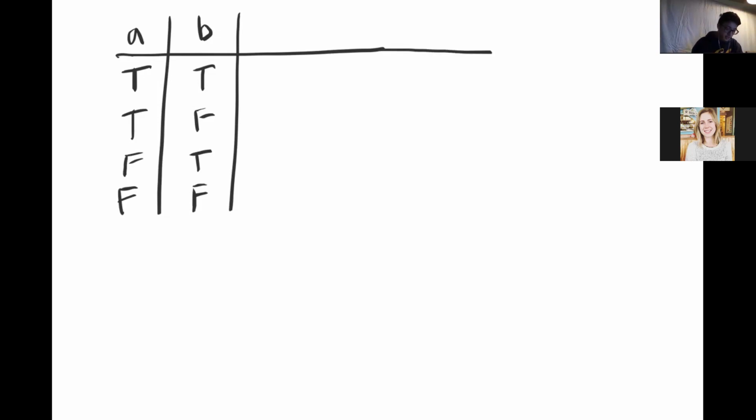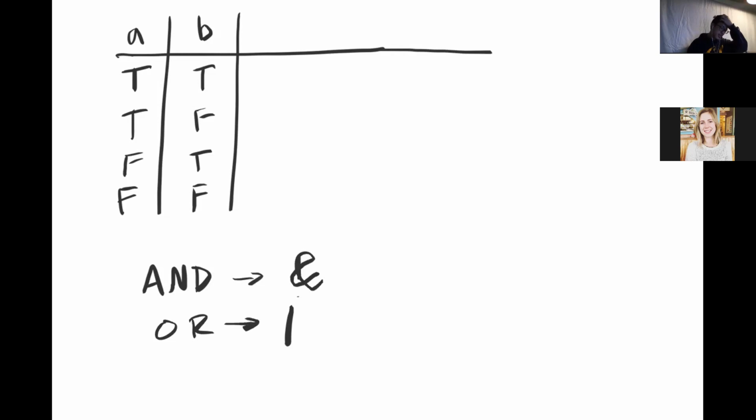In R, the AND operator is, sorry, not an X, is an ampersand. The OR operator is the straight vertical line, and the NOT operator is an exclamation point.